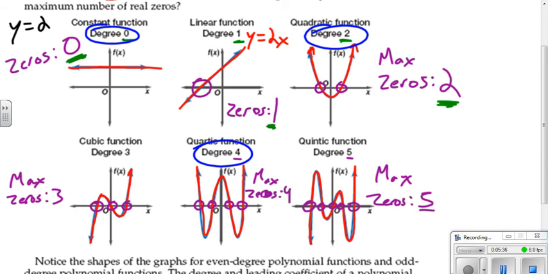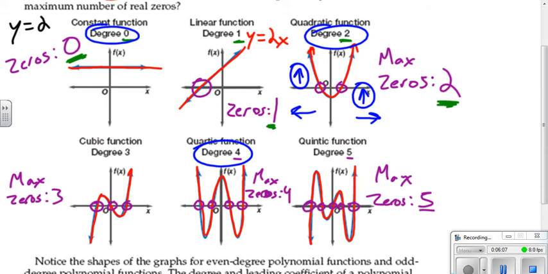It's not going up or down, so it doesn't change at all. End behavior for degree 2, as we're moving left with our x, so as x is going this way, our y is going up. And also, as our x goes right, our y goes up. So our behavior is up or down as we go left to right, and it's going up in both instances here.